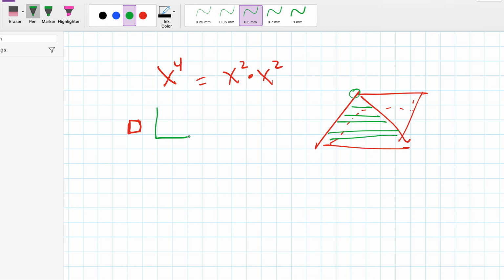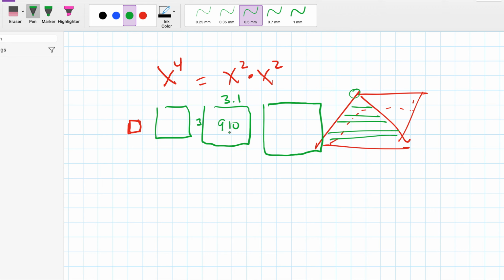Then the next one would be a 2 by 2, then a 3 by 3, and then a 4 by 4. We would continue in that pattern until we got to the bottom, and the squares would be getting bigger and bigger. So when you see something asking you for a square root, just keep in mind you're dealing with an actual square. If I said the square root of 9, I know it's 3 by 3. But when it's 10, I know I'm going to have a little bit left over, because I have to take that extra brick and put it around to make a perfect square.